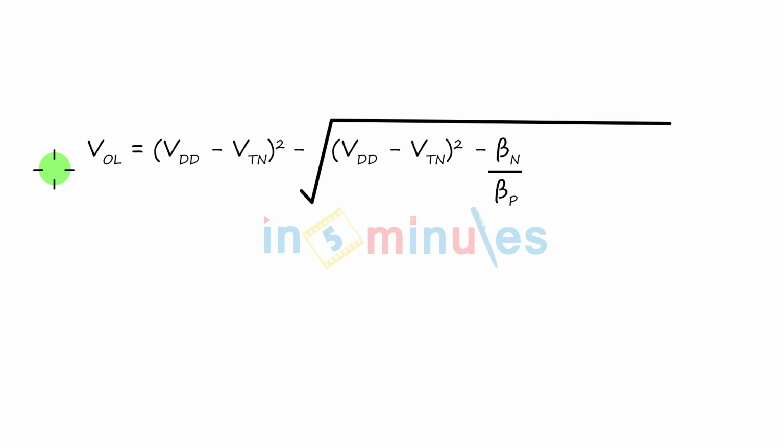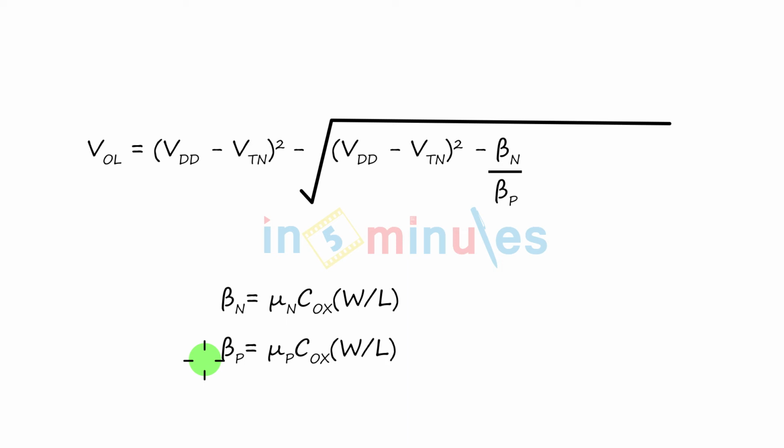Beta n is nothing but mu n COX W by L. Beta p is nothing but mu p COX W by L. It's just a simple quadratic equation which you need to solve.